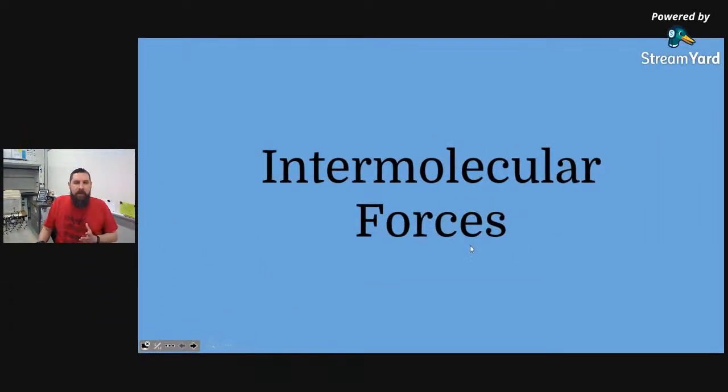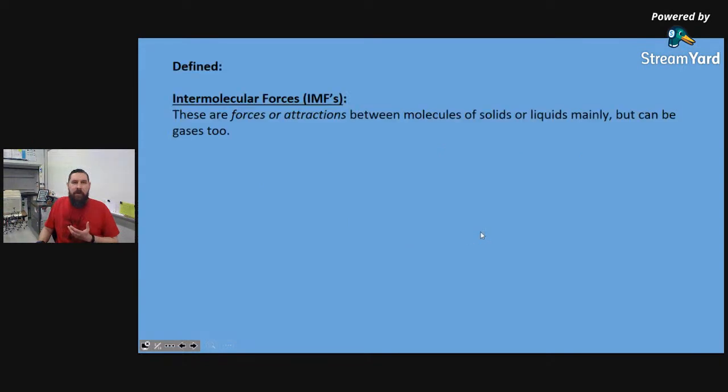When we're dealing with intermolecular forces, as always, the first thing we need to do is define exactly what it is that we're dealing with. An intermolecular force, also referred to as an IMF, is a force or attraction between molecules, typically of solids or liquids, even though we can also talk about IMFs for gases.